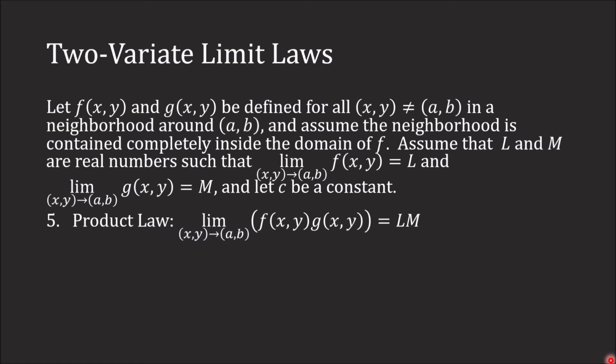So the product law: the limit of the product of f and g is just L times M. So again, completely analogous. The limit of a product is the product of the limits.